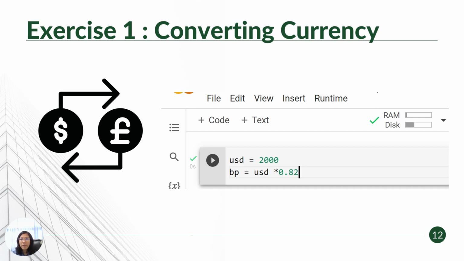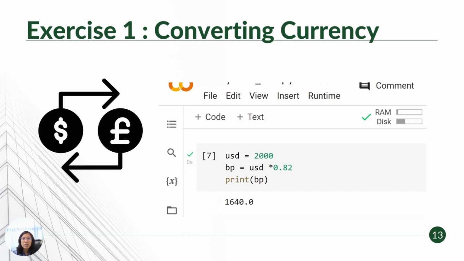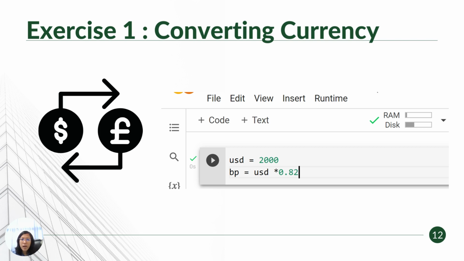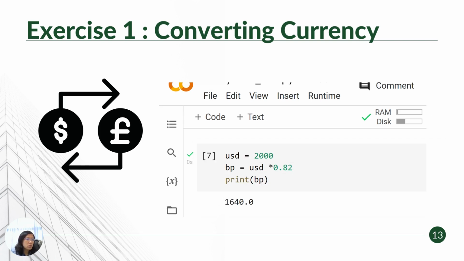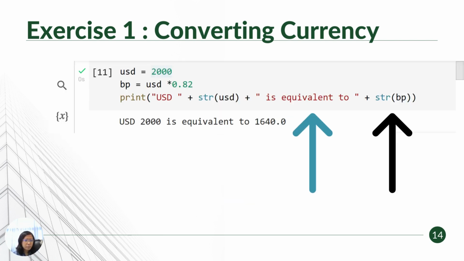If I press Control and Enter, you will get the result, but it will not appear. For us to display the value, we need to use print. Print of PP, then you will see the result. But the number doesn't make any sense, so we are going to write a sentence. USD, this amount, is equivalent to this amount.